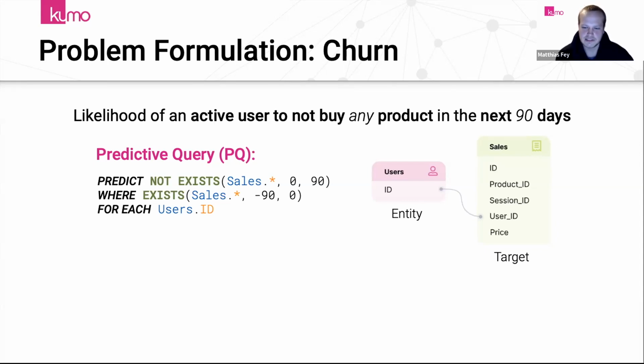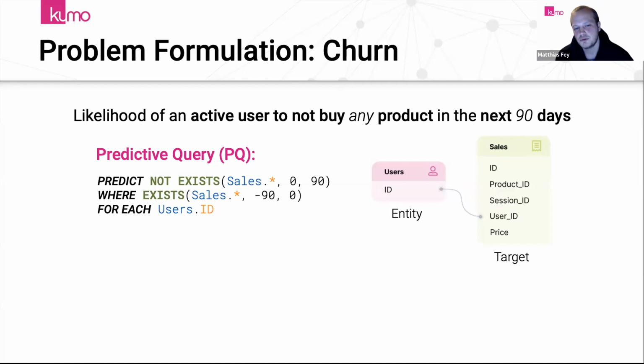And what that means is that we usually think about an entity we want to make predictions for, and then a target table from which we get the signal on what to predict. So in that case, we could formalize churn as a predictive query that tries to predict that there exists no sales event in the next 90 days, which is given by this interval 0 to 90.